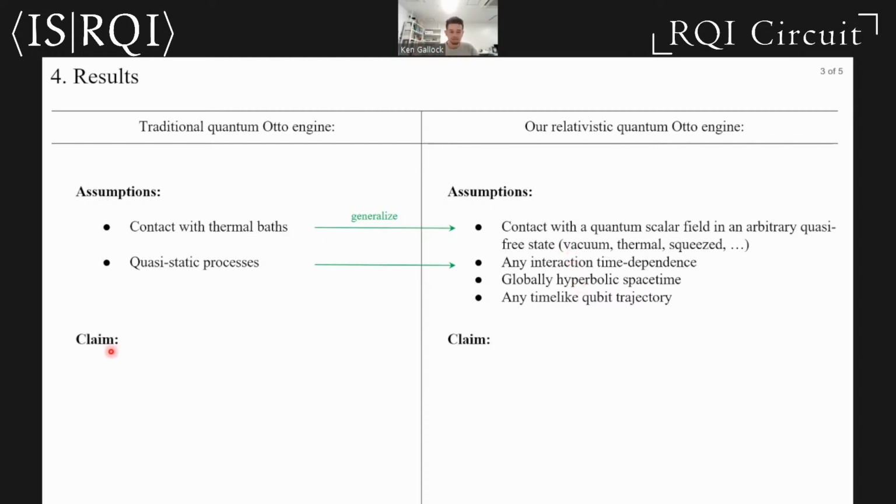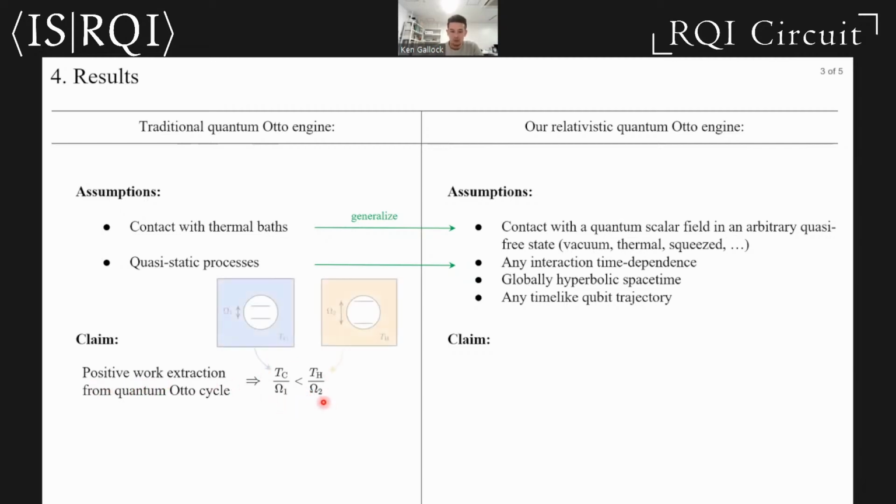So the claim of the traditional quantum Otto engine is that if you do that cycle and try to extract positive work, then the condition to obtain positive work takes this kind of form, where omega-1 and omega-2 are the energy gaps of the qubit when they are immersed in a thermal bath at temperature Tc and Th, respectively.